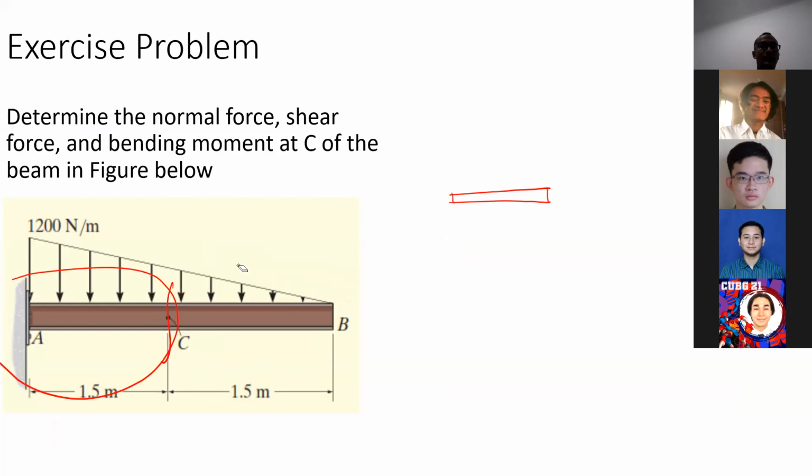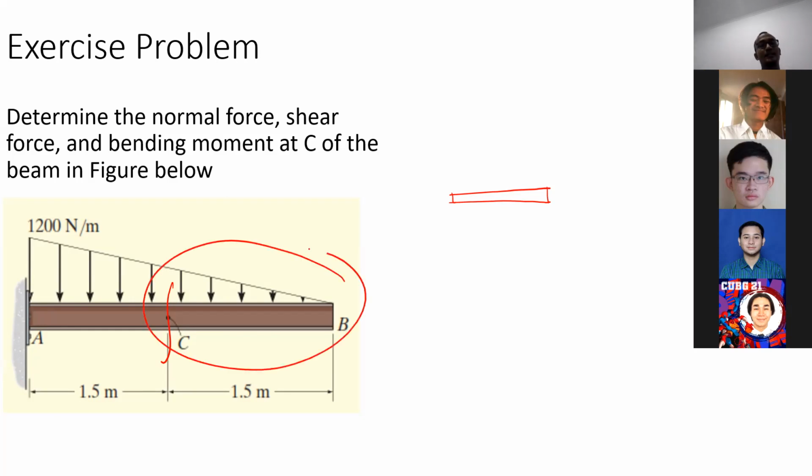If you take the left section, yes, we have to solve for all the external forces there. But sometimes we can choose the other section. In this case, we can choose the right section. In the right section, all the known values are there, so we can just solve for that.